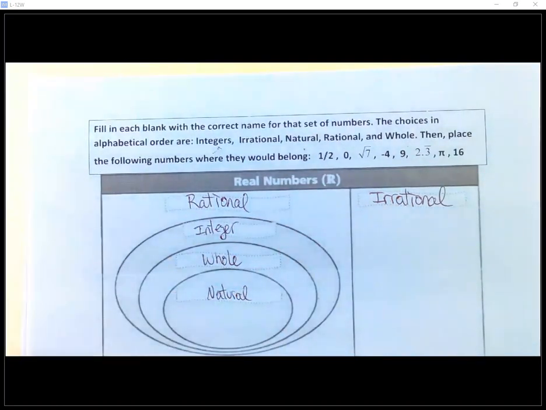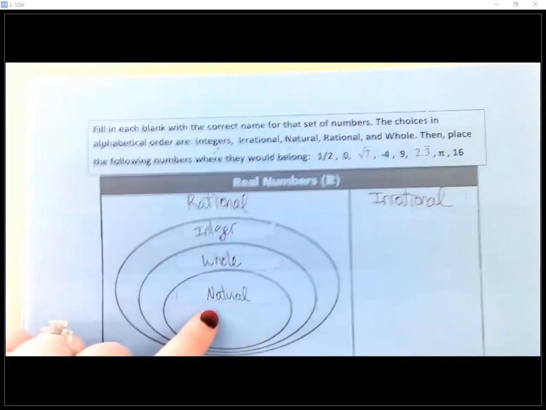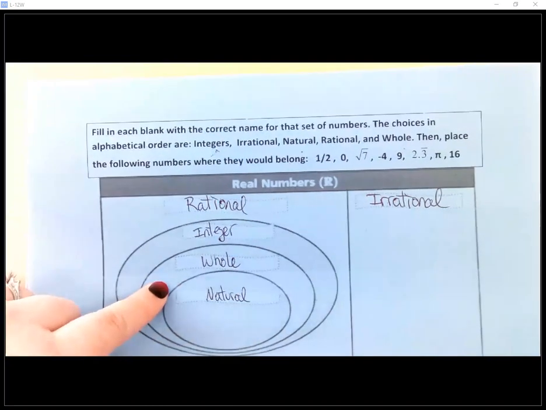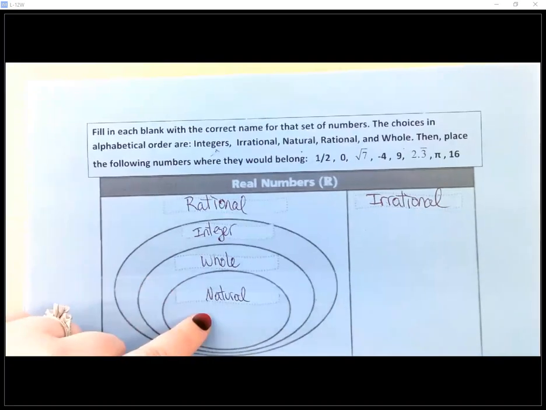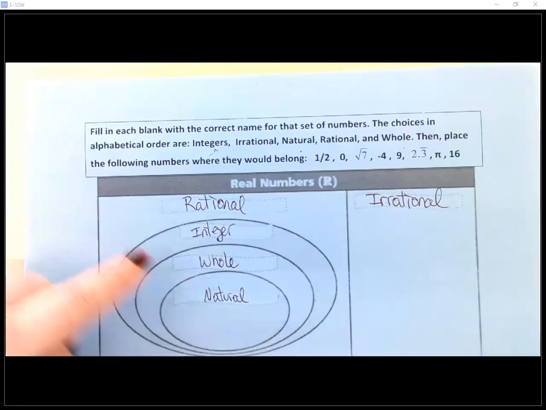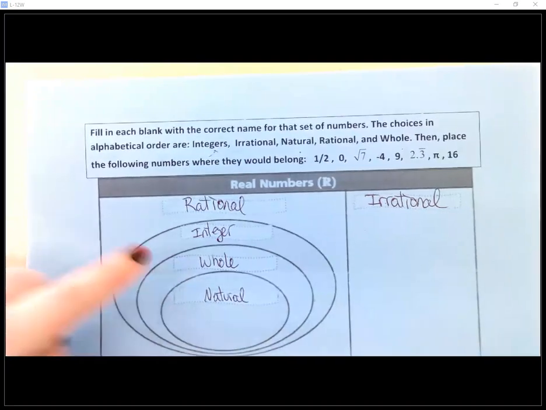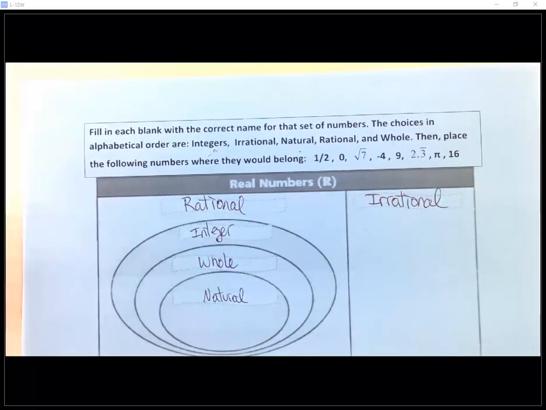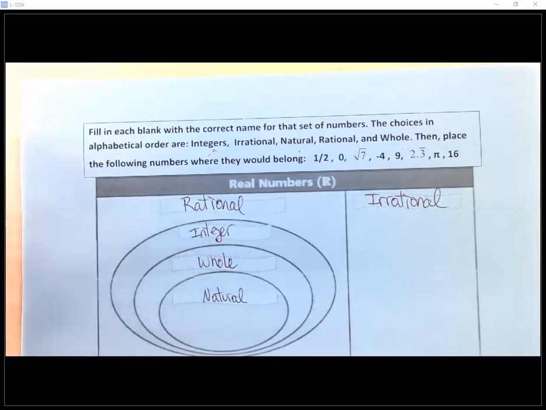All of the natural numbers are contained within the whole numbers, so if a number is natural, it's automatically whole. All the whole numbers are contained in the integers because every whole number is an integer. But there are some integers that are not whole numbers. And all of these would be contained in the rational. There is no overlap between rational and irrational numbers.